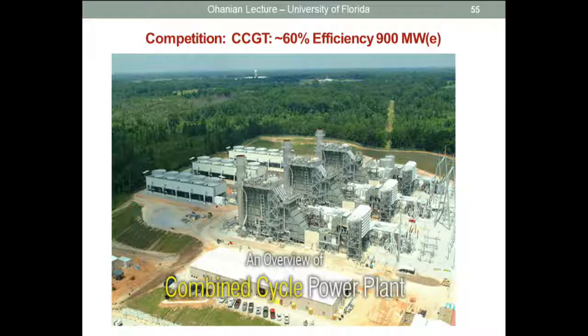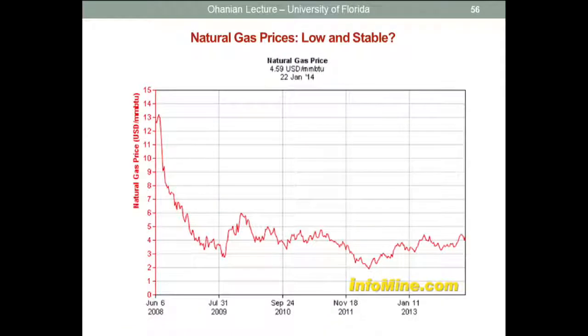They have marched slowly forward in incremental improvements in efficiency to where that plant can be ordered, it can be delivered in 18 months, it can be run by 25 people, it's 60% efficient, and gas costs $3 today. And under those conditions, there is no source that can compete economically with that. Wind can't, solar can't, coal, oil, nothing can compete for that cost.